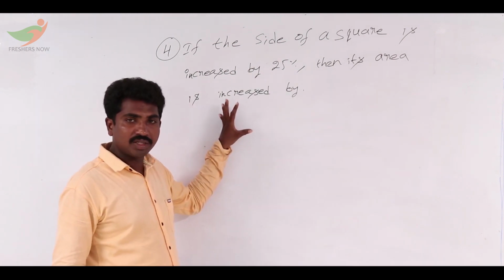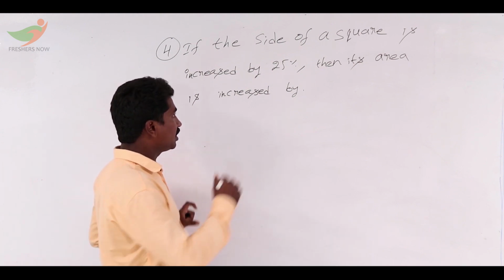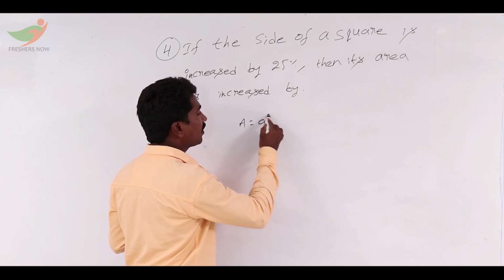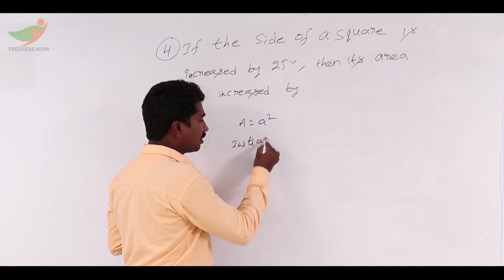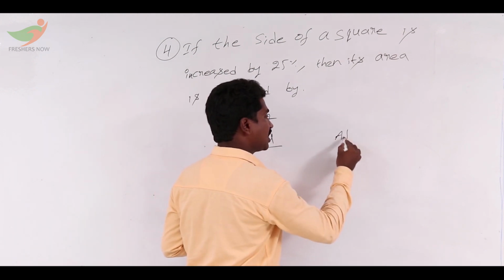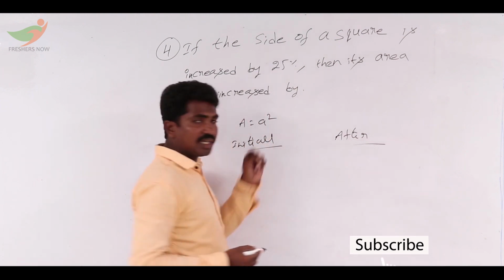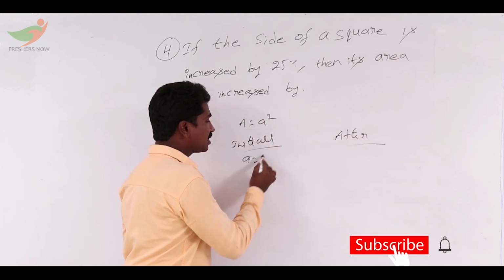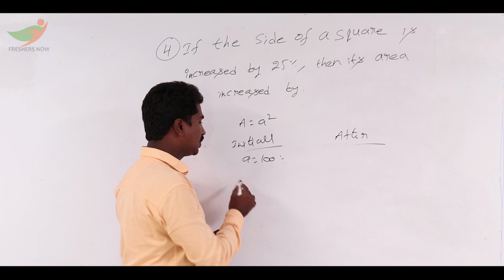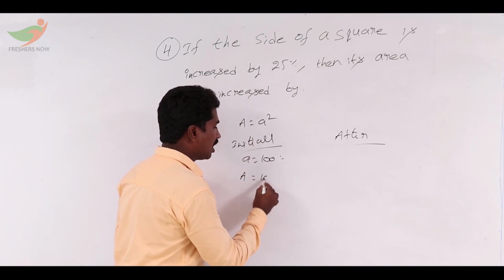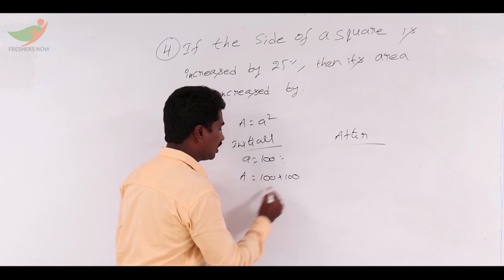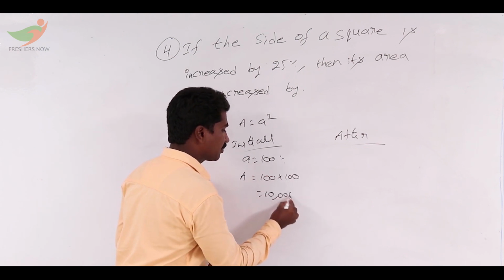We can solve it in the traditional method also. The area of a square, initially and after the change. Initially I am taking the side as 100%. So the area of the square is 100 into 100, 10,000.